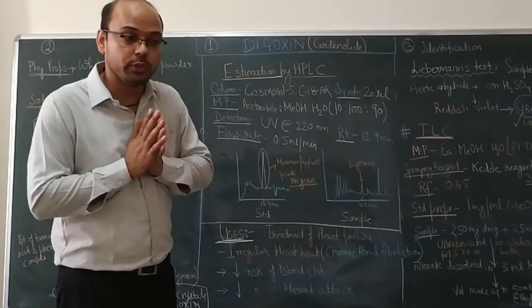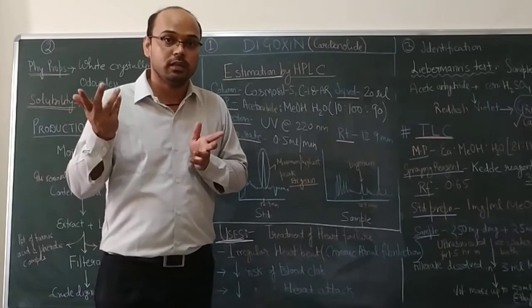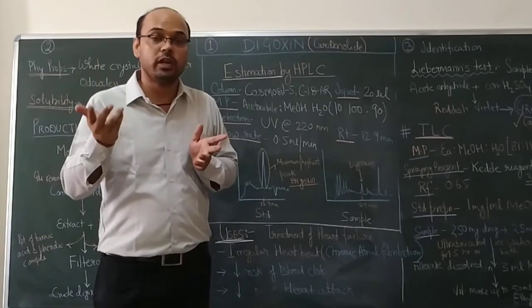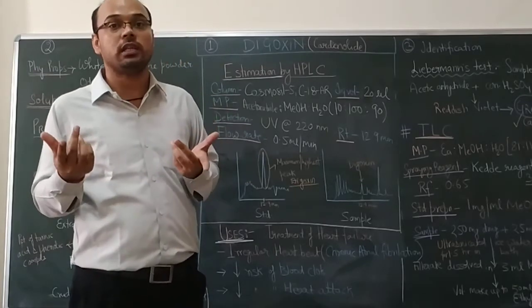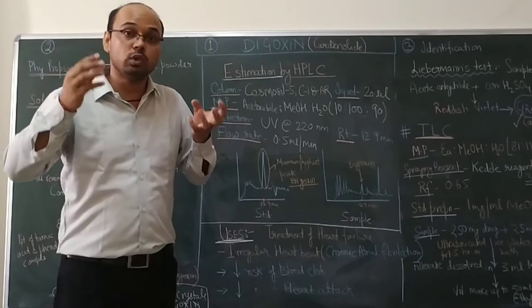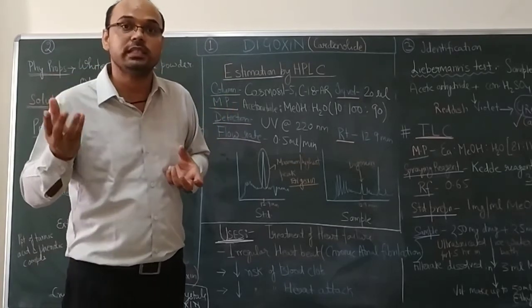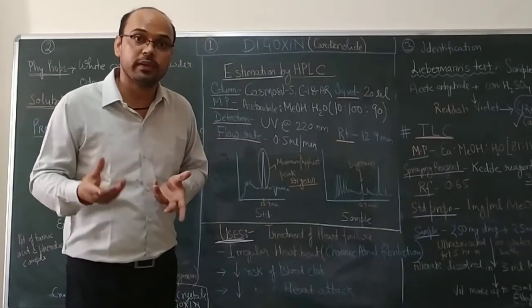If we talk about the utilization of the drug, since it is a cardiolide, it was given this name because it acts on the heart muscle, and we have also seen this in the mechanism of action. So this phytoconstituent is quite useful for treatment of various heart diseases. It is used in the treatment of heart failure.